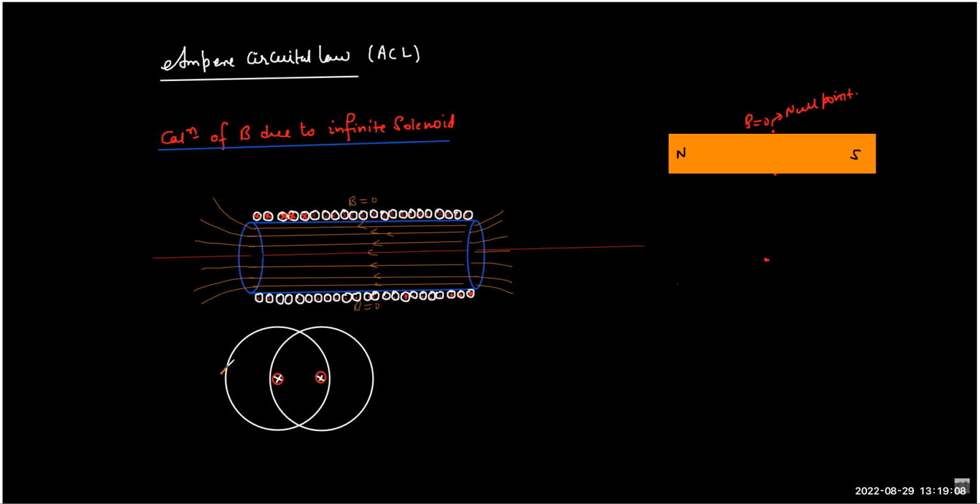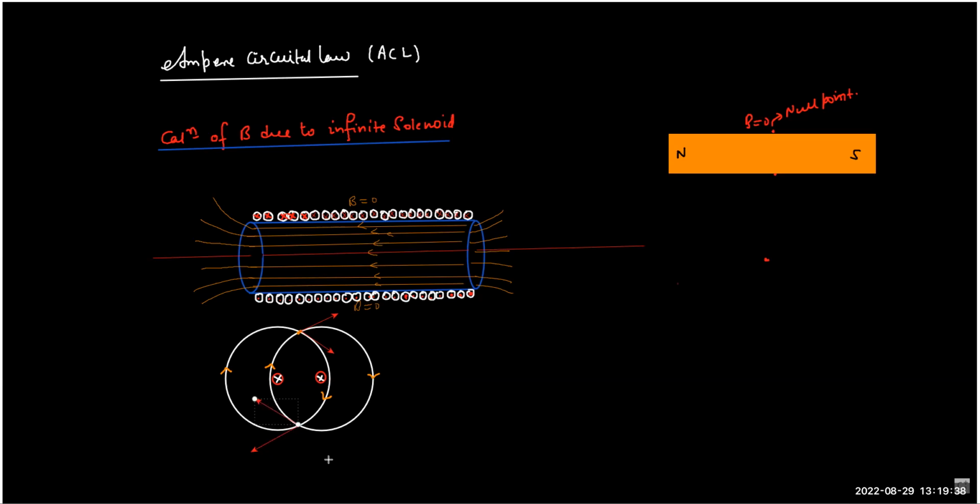Now we know that the field lines will be clockwise. So at this point, which is the point of intersection, if we try to draw the field lines of each wire, one will be tangential to the point like this, another is like this. Correct? Yes, sir. And similarly, one is like this and the other will be like this.